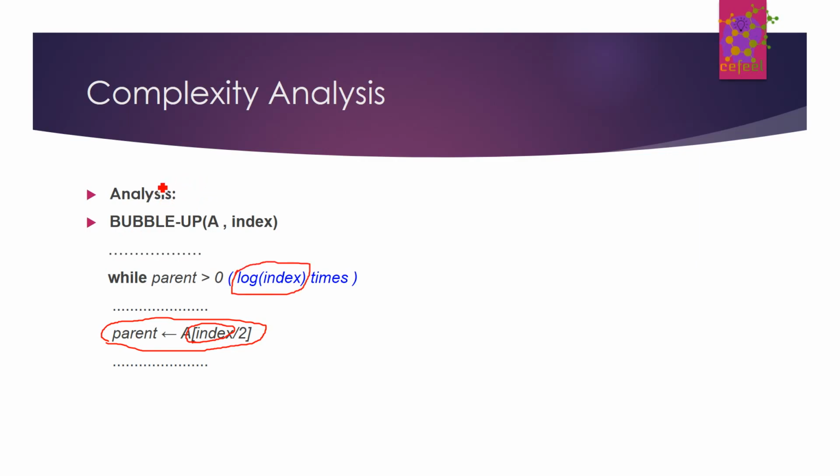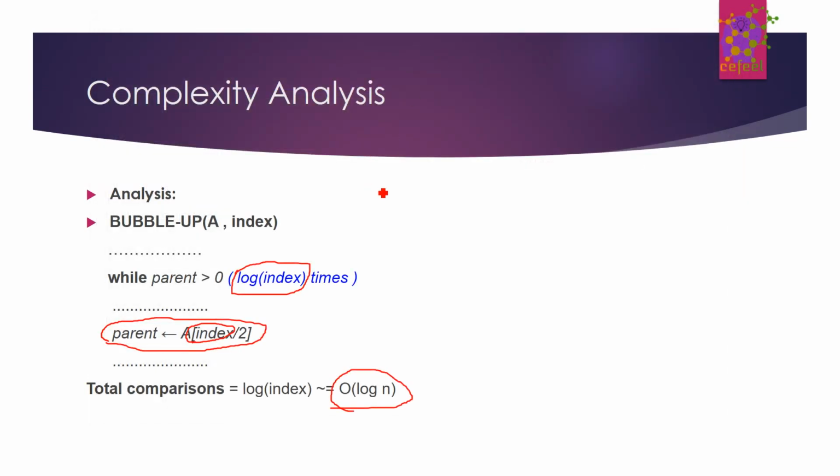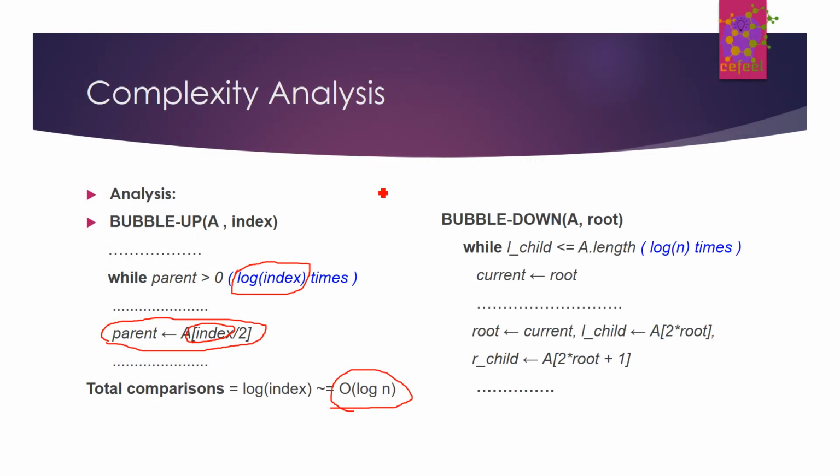So if we had an array A of length n, the new element might need to be swapped in the worst case log n times. Hence the bubble up process takes order log n as a worst case.